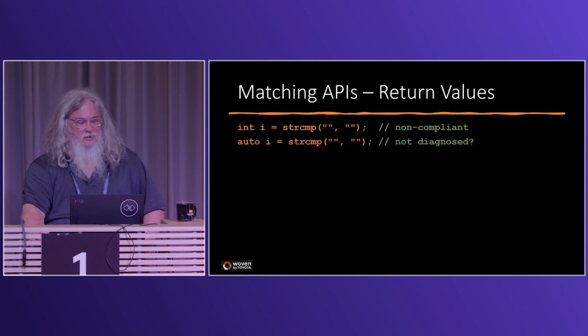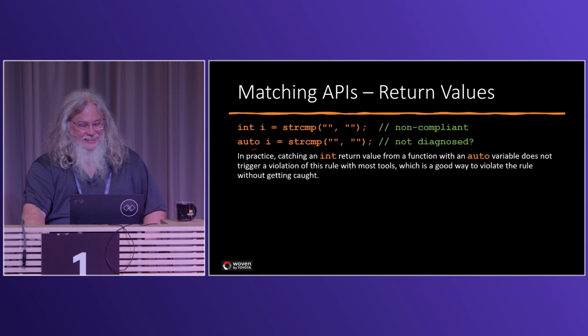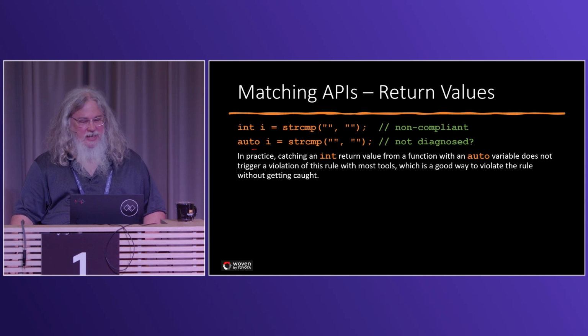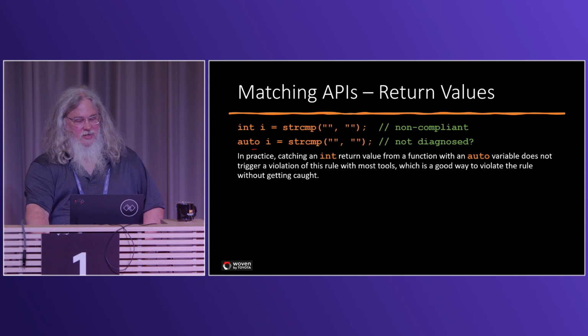So what developers do is they'll say, oh, I'll use auto here, right? And so now catching an int return value from a function with an auto variable frequently doesn't trigger a violation for the static analysis tools. So it's a good way to violate the rule without getting caught.